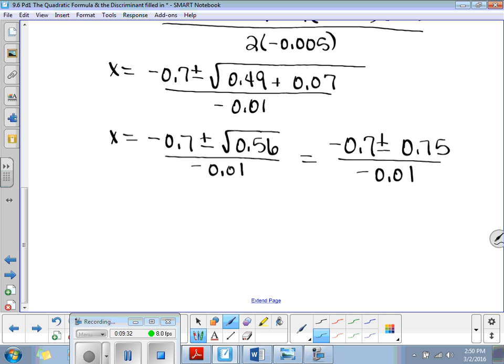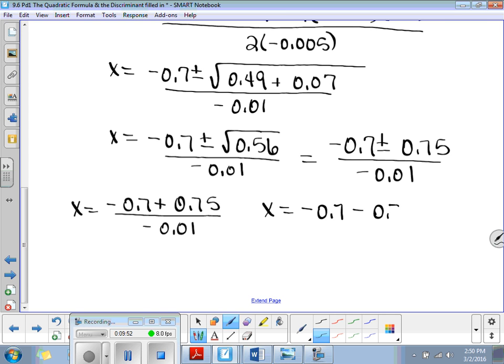So x is equal to negative 0.7 plus 0.75 divided by a negative 0.01. And x is equal to a negative 0.7 minus 0.75 over negative 0.01. And now we just simplify that. Okay.